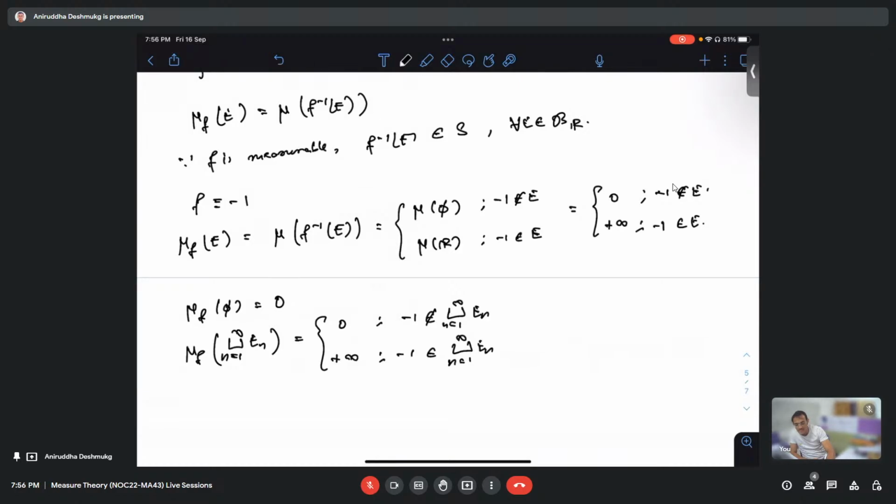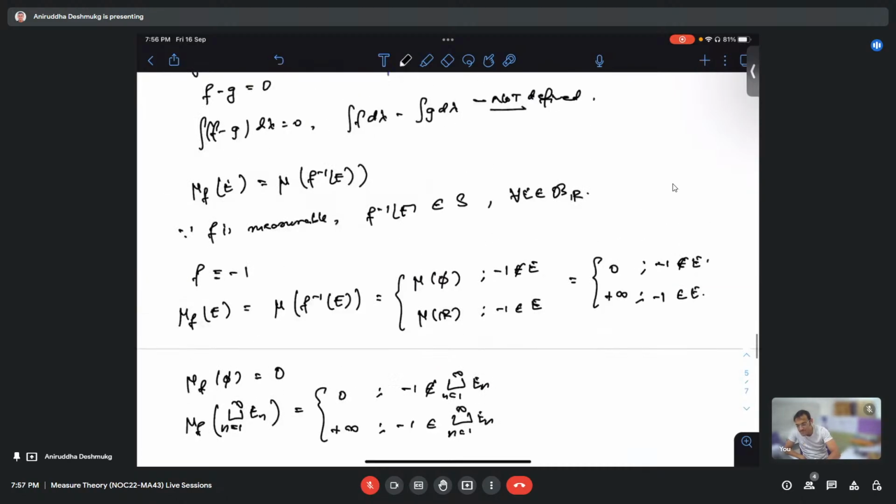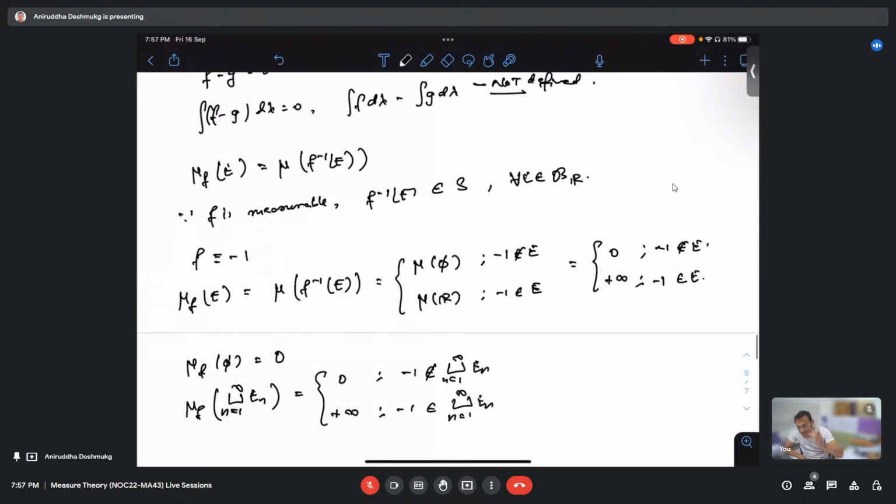Aniruddha, can you explain a step before, when you said that mu, I think it's mu of R? Is that how it's defined? I'm writing mu f for this f as identically minus 1. So mu f of E is mu of f inverse E, which equals mu of the empty set if minus 1 does not belong to E, and mu of R if minus 1 does belong to E. Can you explain that?